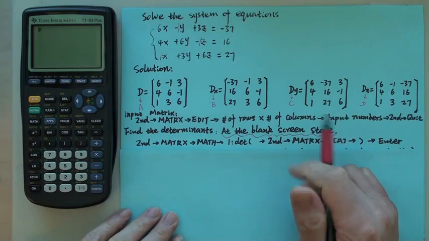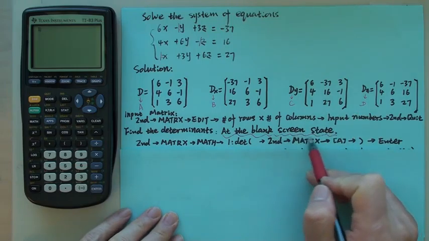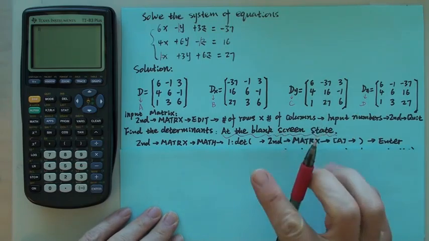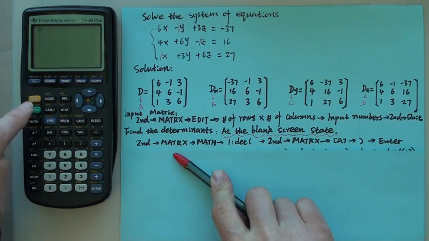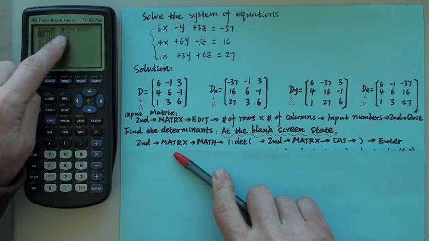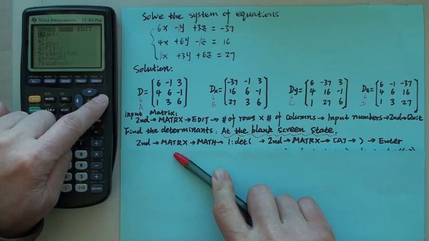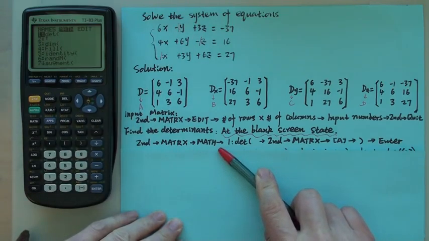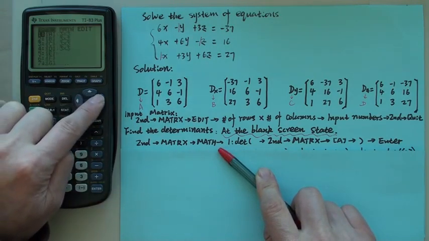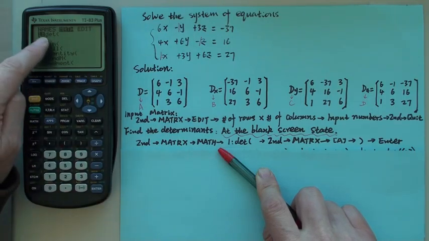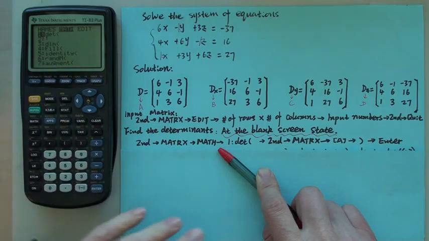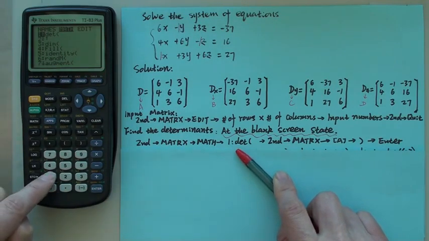So at the blank screen state, you do second, matrix, and then you highlight math. Then you see the first one is DET, so you may hit 1.